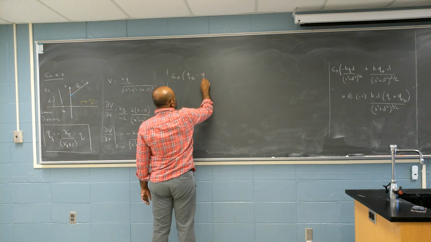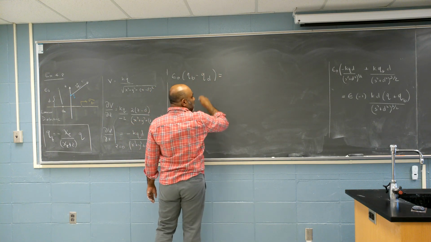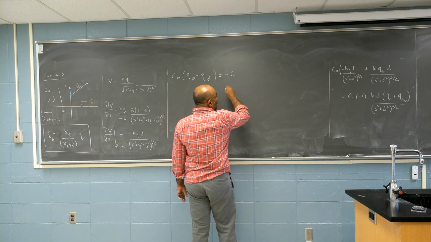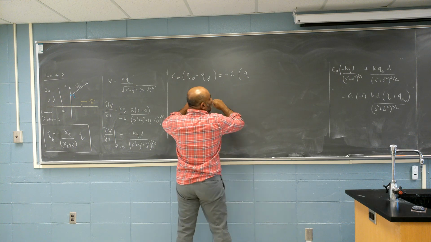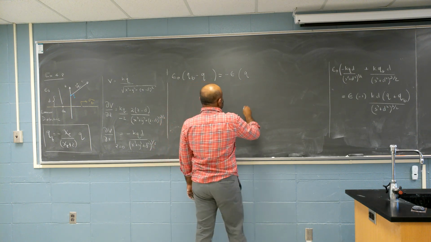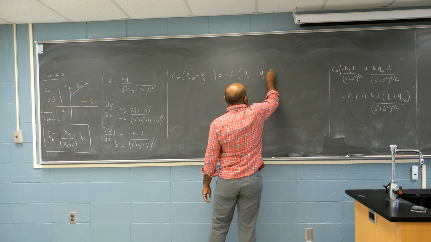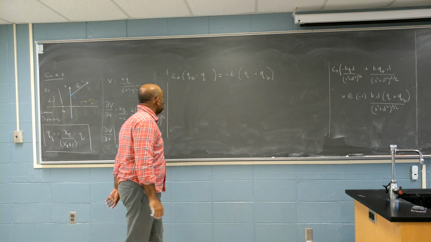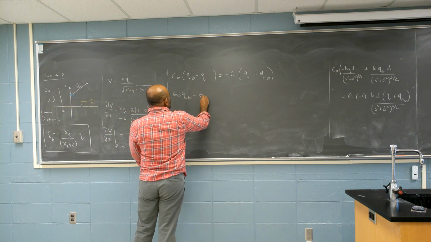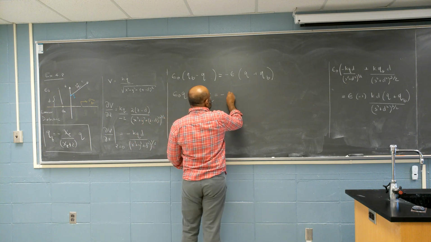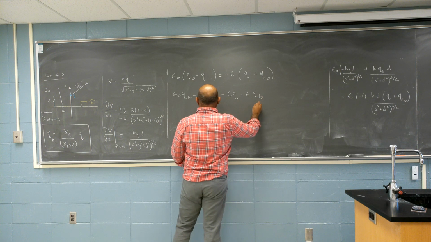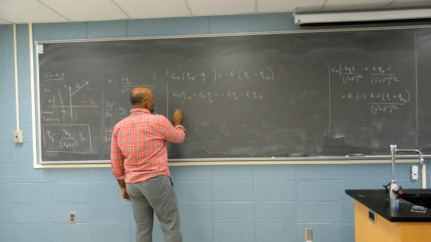QB minus Q, have Q plus QB. Or epsilon naught QB minus epsilon naught Q equals minus epsilon Q minus epsilon QB. I'm going to bring all the QB to one side.